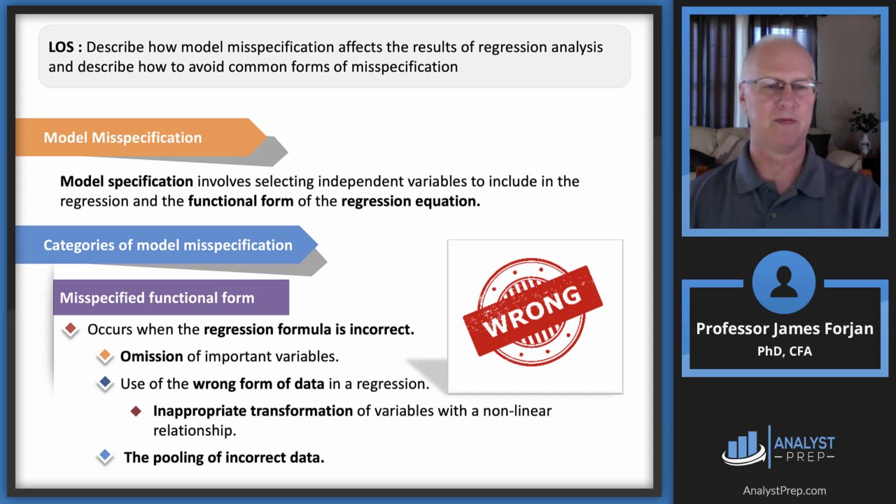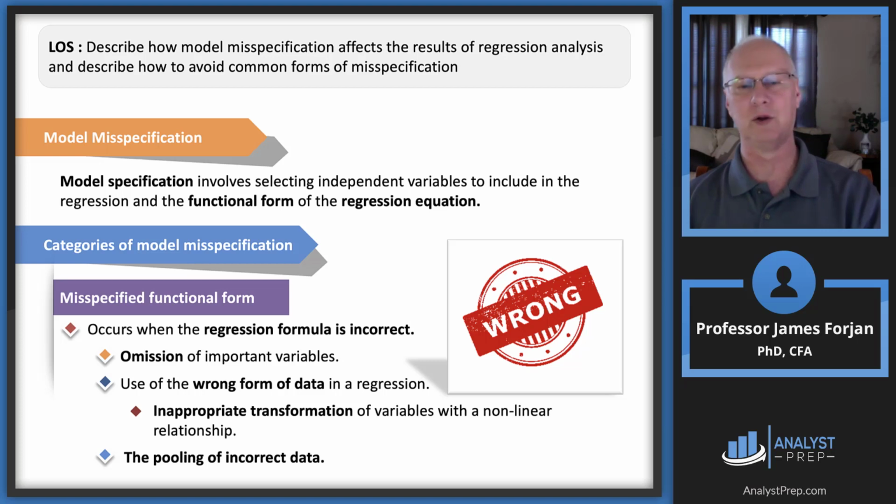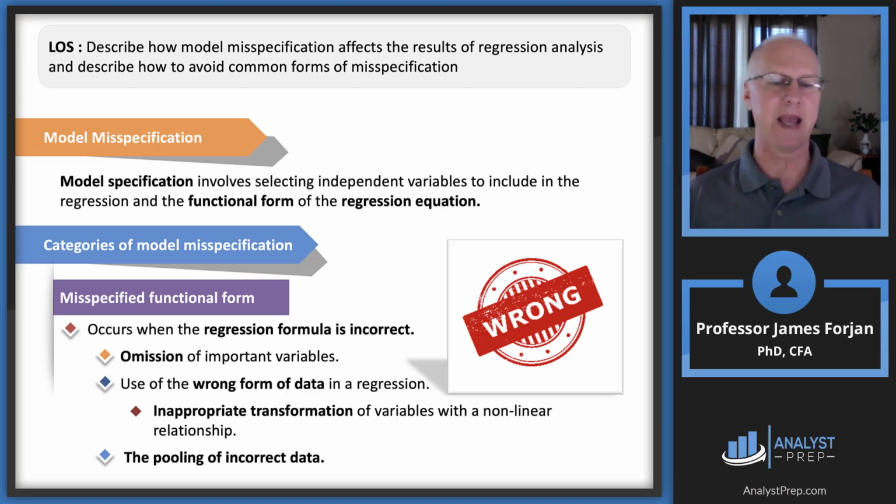So that's what we have in that first one. The regression formula is incorrect. You can omit important variables. You can include irrelevant variables. You can have the wrong form of the data. Remember, you can hit your ln button on your calculator and transform data. You can hit your e raised to the x and transform data. You can multiply by 8. There are tons and tons of ways that you can transform data that will lead to misspecification.